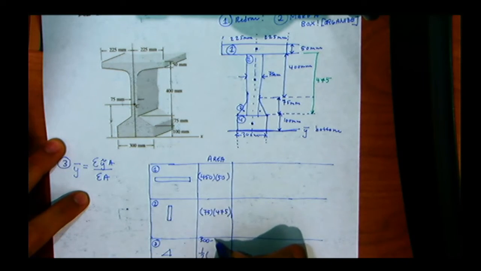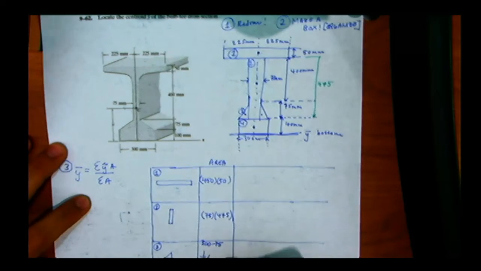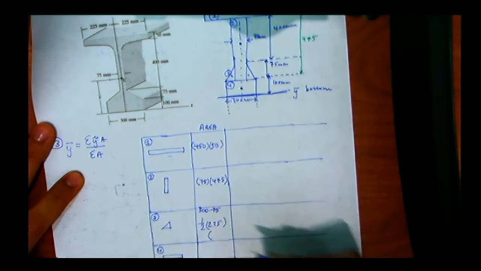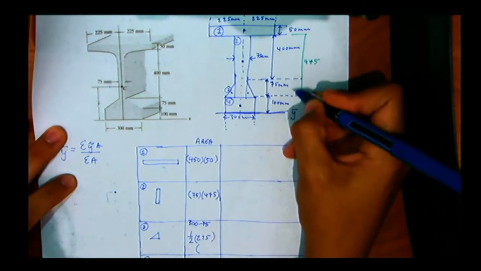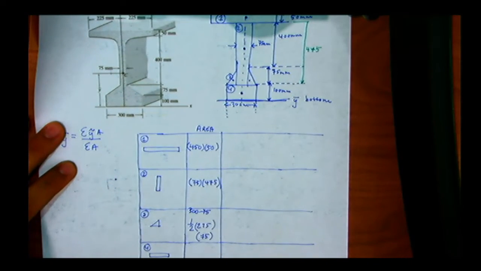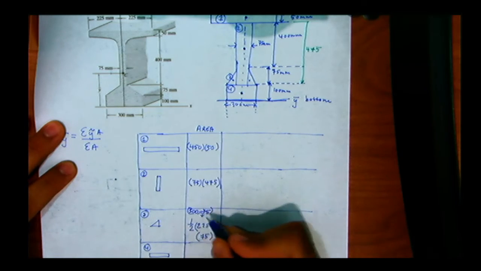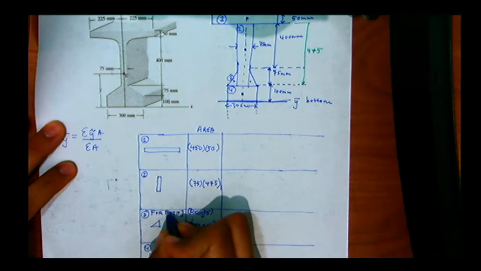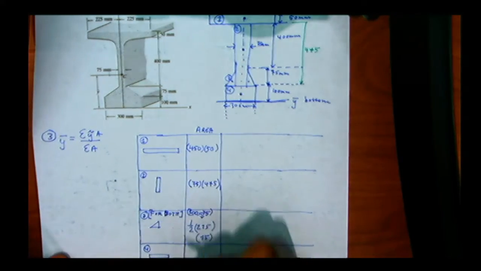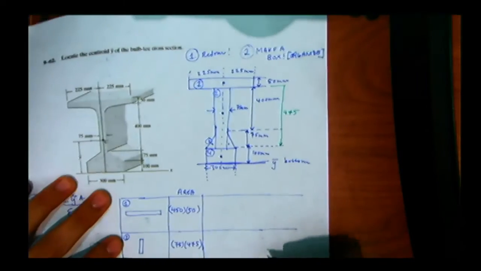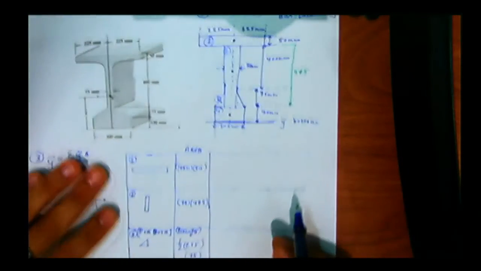Half base times height, for both. And we have our last area, which is the 300 times 100. We would need to calculate all these, but I'm going to leave it like that.